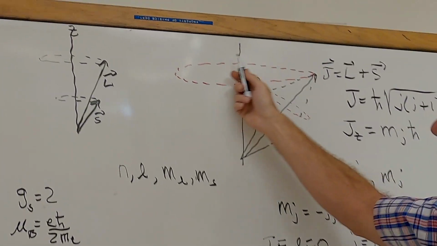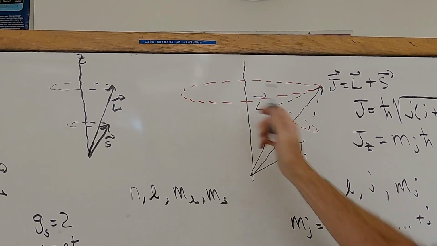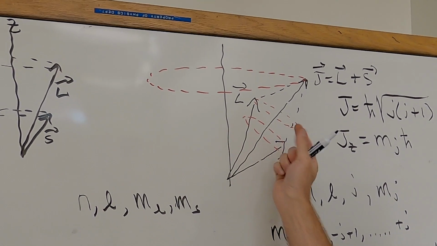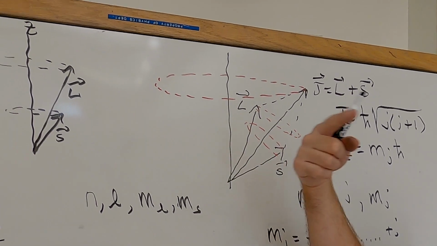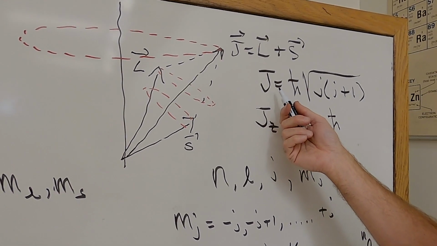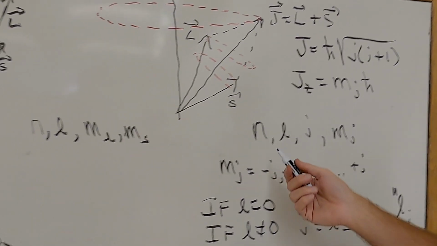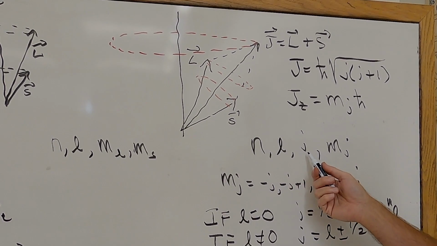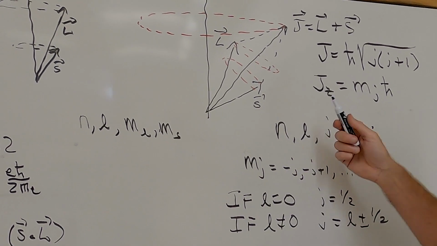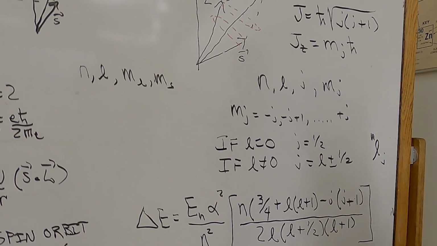But J sub z is the z component of the total angular momentum. They're both orbiting J, but J is going around like this. So J is now a good value, which is fixed, and J sub z is fixed. Now our good quantum numbers are n, l, little j, and m sub j, where m sub j goes from minus j all the way up to j in steps of 1.